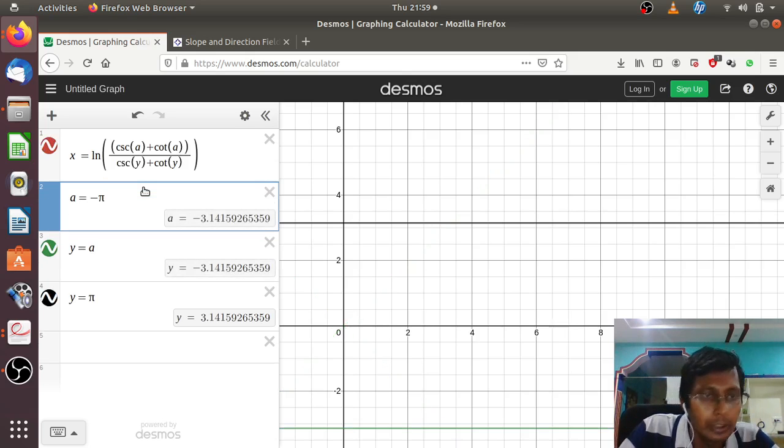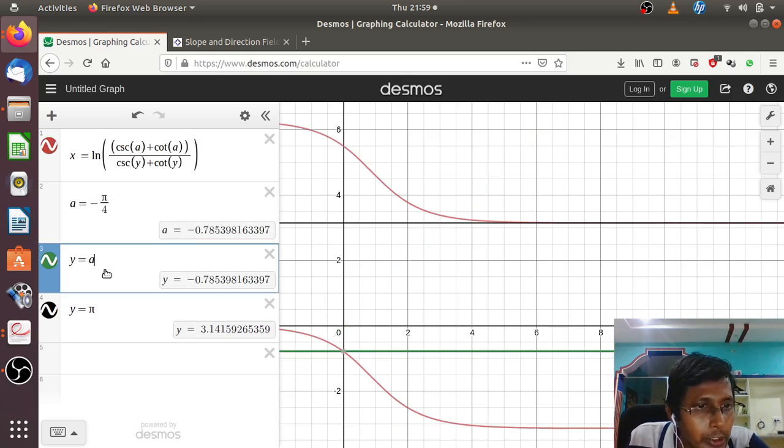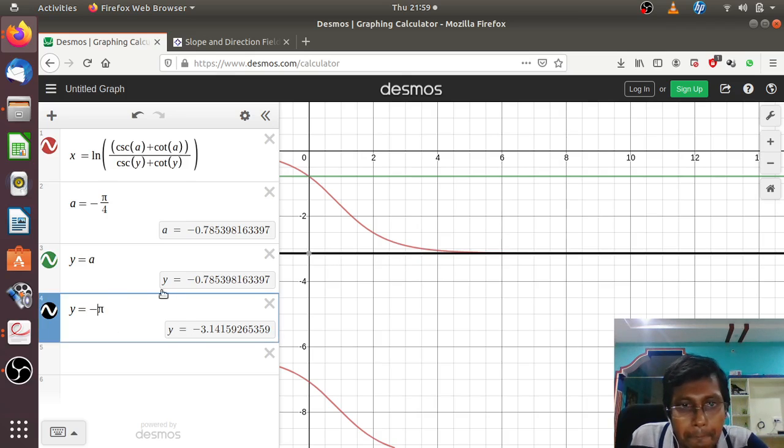Where is minus pi by 4? This line. That's the initial value, and as time goes on it's going to a different value, and that value is something like minus pi.